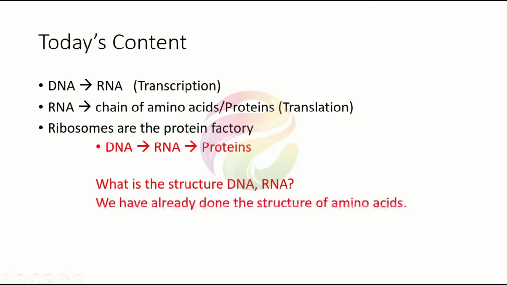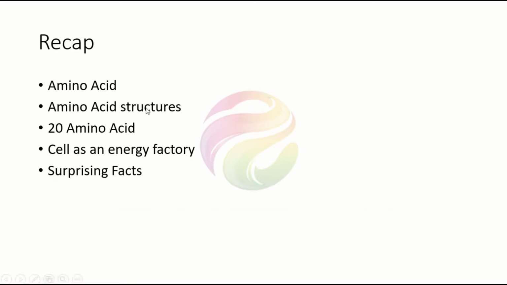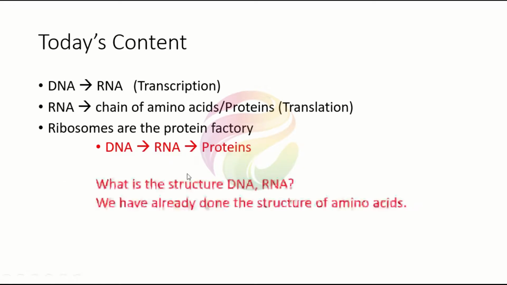Today's content is the central dogma of molecular biology. As we have discussed the structure of amino acids, this is the final product of the genetic material. In the central dogma, the DNA molecule is a genetic or hereditary material, and when it is transformed into RNA, this process is called transcription.